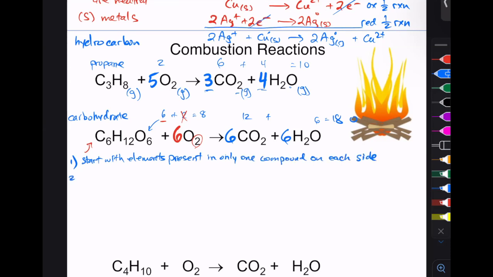Okay, and then we're going to sort of bounce left to right or side to side. And by bouncing, that means we're balancing each element at a time. While we're doing this, we're going to recognize what our polyatomic ions are.